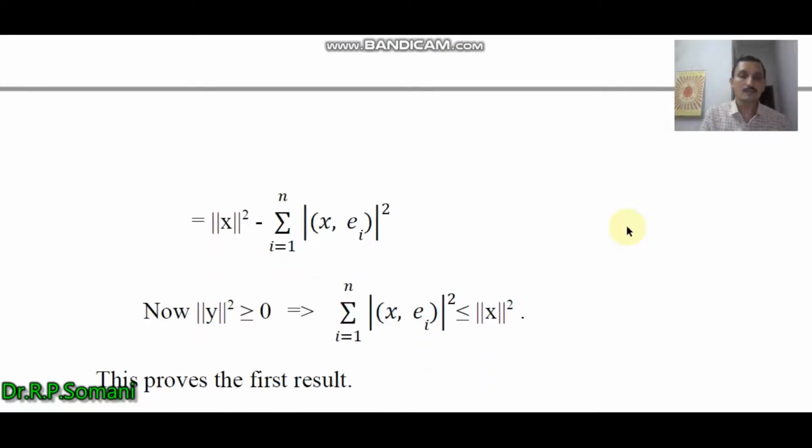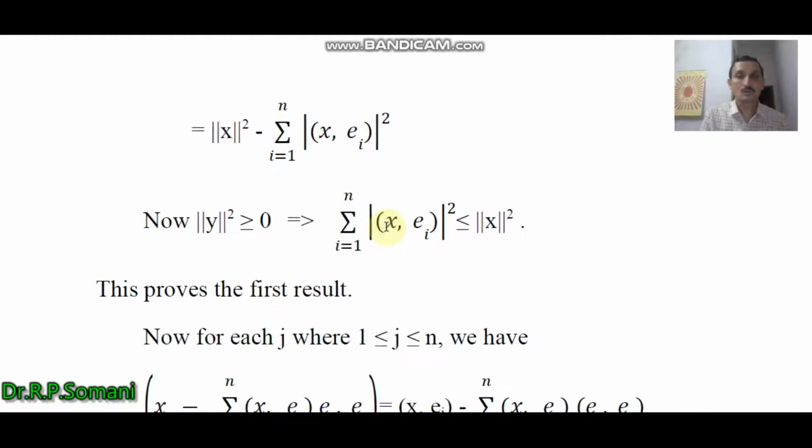Cancelling one term by the other, we obtain norm x squared minus summation, i varying from 1 to n, modulus (x, ei) squared. Now we know that the norm of any element is always greater than or equal to 0. Therefore, norm y squared is greater than or equal to 0. From this, we obtain that summation, i varying from 1 to n, of modulus (x, ei) squared is less than or equal to norm x squared. So in this way, we obtained the first result.